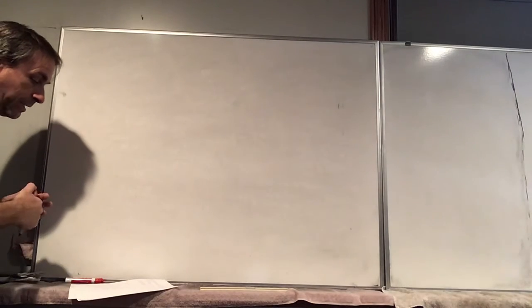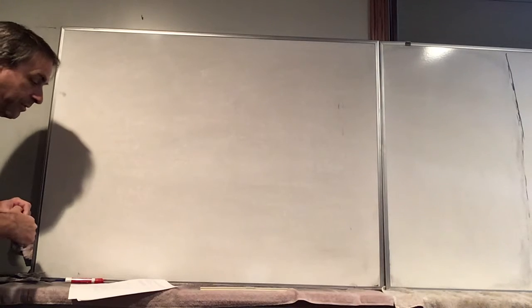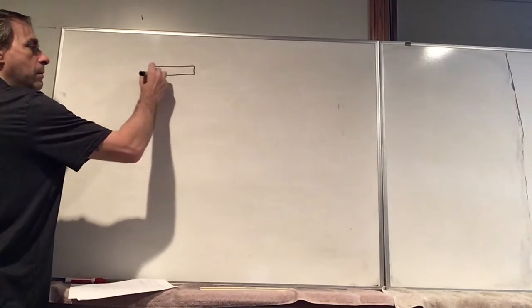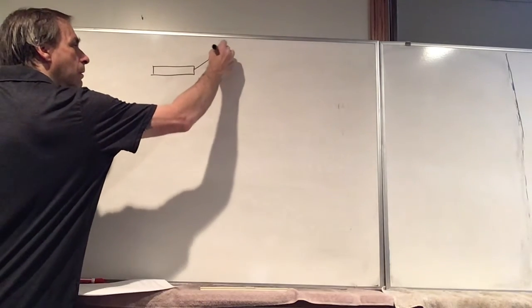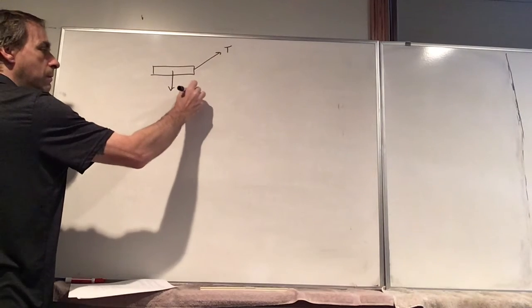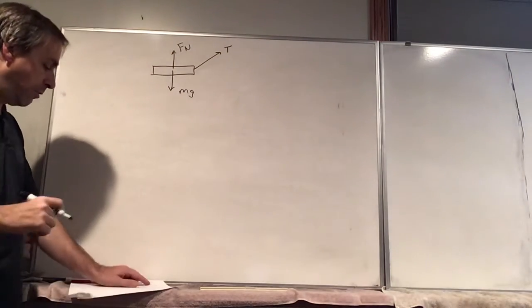So we've got a box dragged across the floor with a rope. So let's draw this. So let me read the problem.